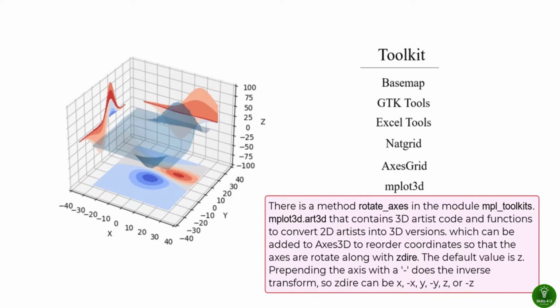There is a method rotate_axes in the module mpl_toolkits.mplot3d.art3d that contains 3D artists code and functions to convert 2D artists into 3D versions, which can be added to Axes3D to reorder coordinates so that the axes are rotated along with the z direction.